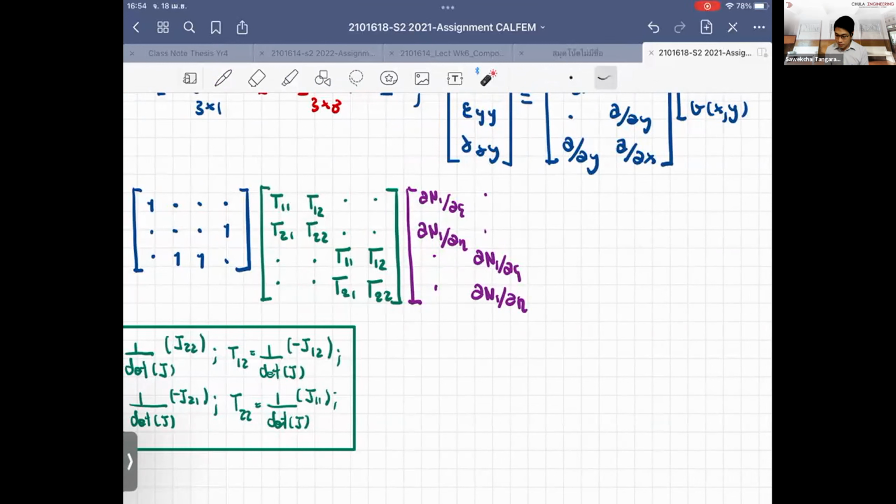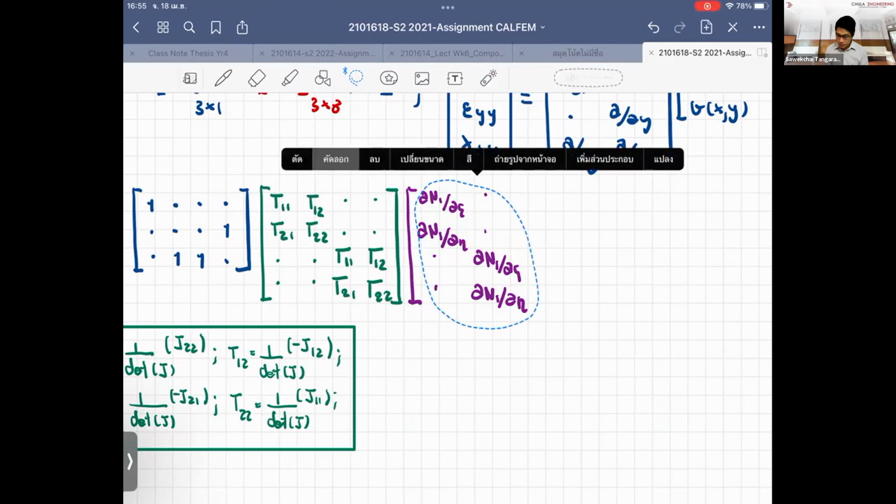This is for the displacement in X, and this is the displacement in Y of node one. I keep copying this and repeating it in the pattern.